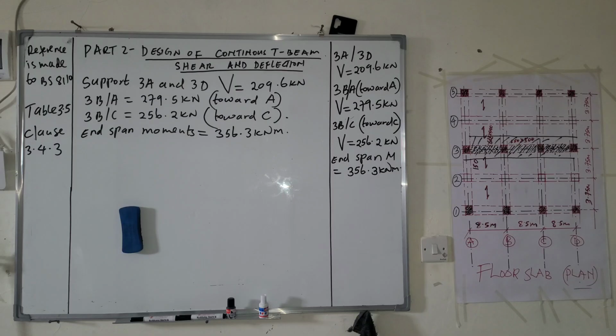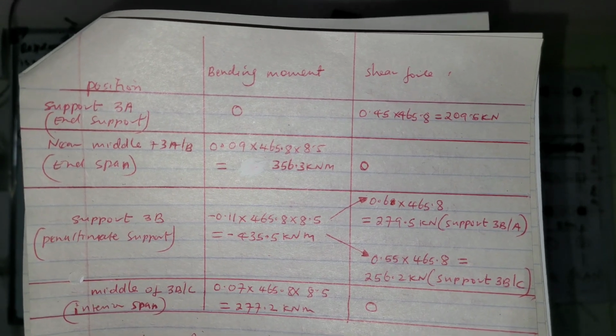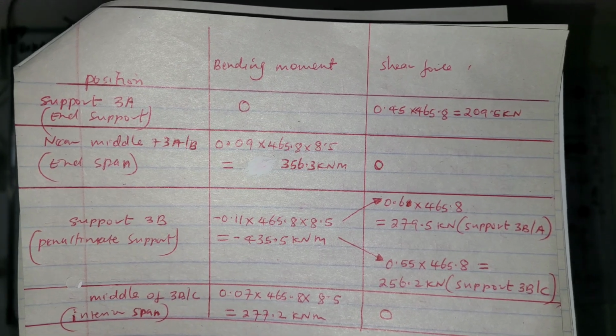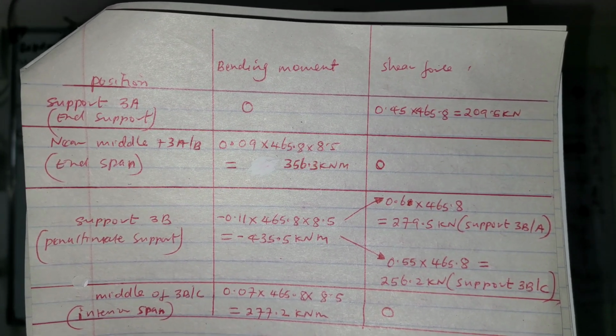So this table is table 3.5 from BS 8110, and if I can show you the table, so that is the table. As you can see, we have position, bending moment, and the shear force.